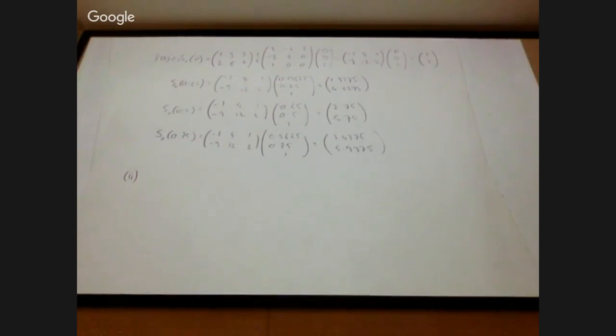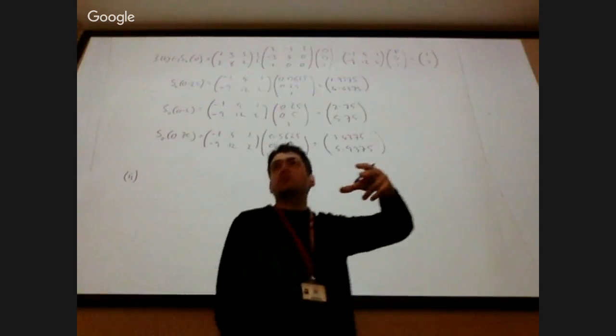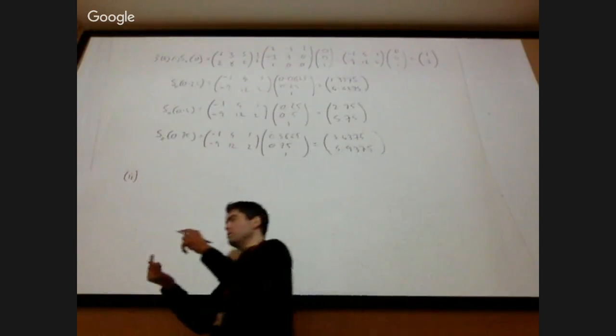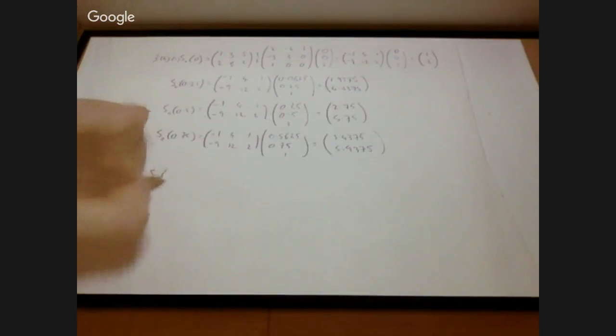Okay, now we're going to calculate the second segment, S1. This is still in the same B-spline, but now we're using different control points. We've gone to the end of our first three control points. Instead of using P0, P1, P2, we're going to use P1, P2, P3. So I'm going to call this S1.